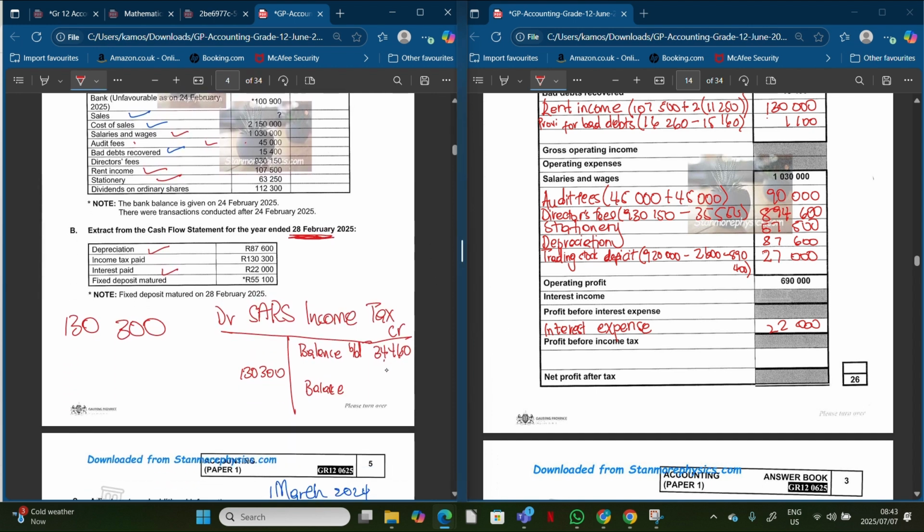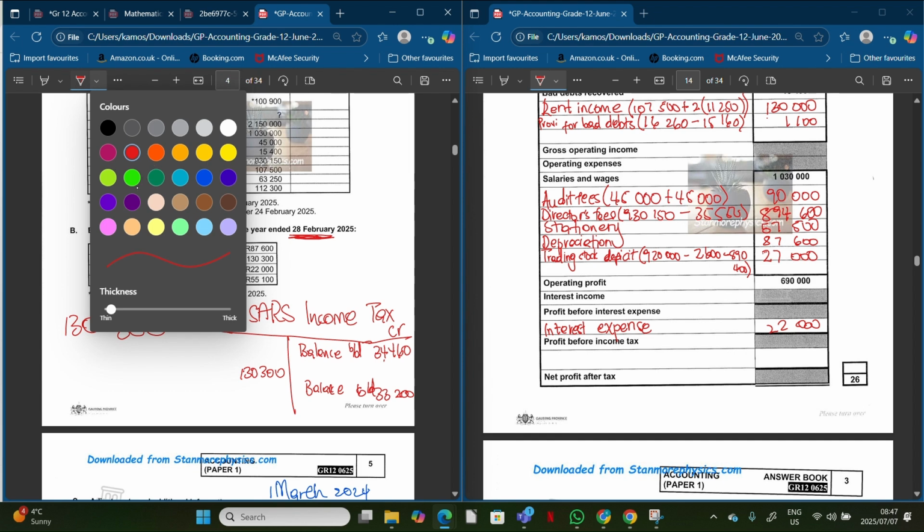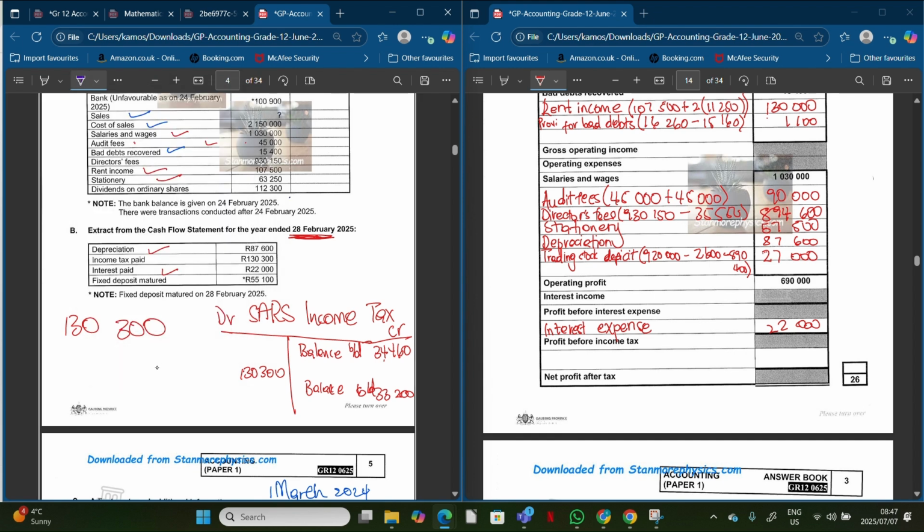It is carried down as the balance brought down. If you look at this, the debit is the amount that we have paid to SARS and the credit is the amount that we are owing. So this is how we would calculate the value.